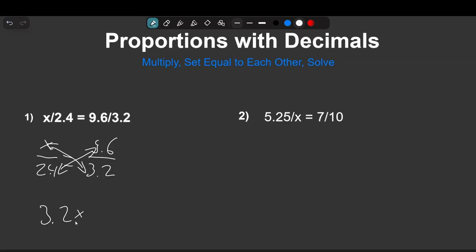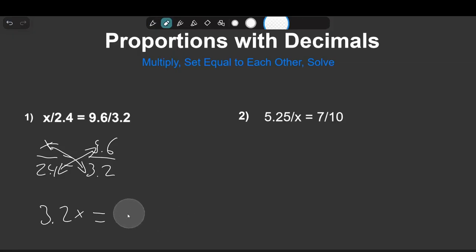And as you guys know, if there's a variable after a number, it means that you are multiplying. So 3.2x equals, and then we're going to do 2.4 times 9.6. Well, 2.4 times 9.6 equals 23.04. So this will be our equation for now.